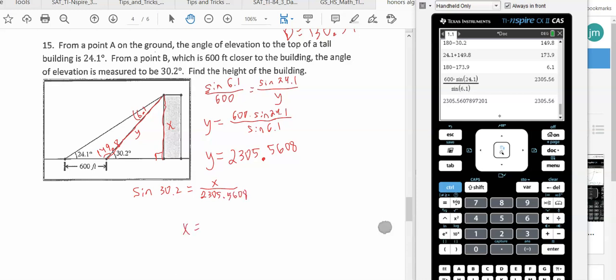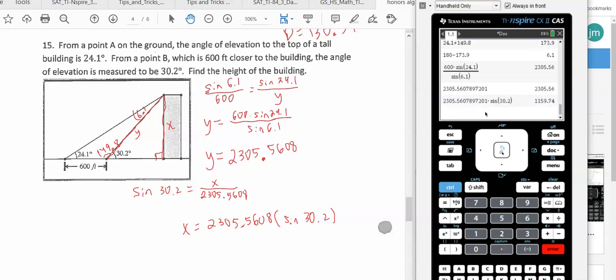So x is going to equal 2305.5608 times sine of 30.2. We're going to multiply that by sine of 30.2.